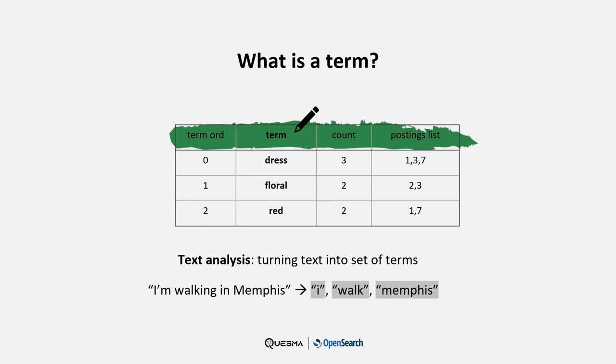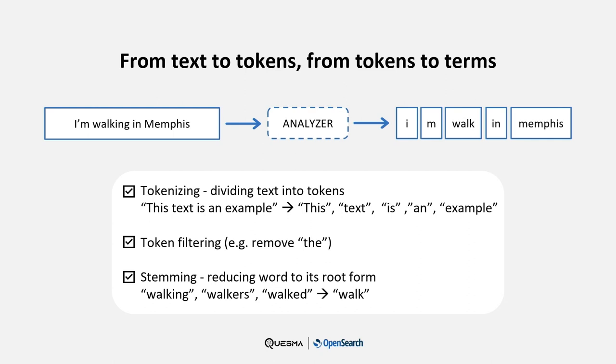So here, the sentence "I'm walking in Memphis" got turned into the following terms: I, walk, in, Memphis. More or less, this is how it looks. But there's a whole component called the analyzer in OpenSearch that handles that. Some of the things it's responsible for are tokenizing, so dividing the text into a set of tokens.